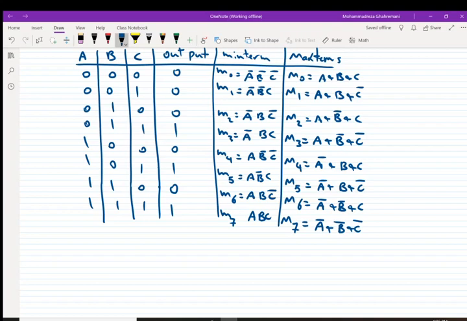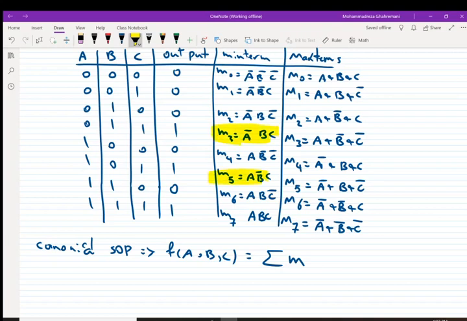The canonical sum of product is f of A, B, C equals sigma of minterms, the minterms which cause output 1.